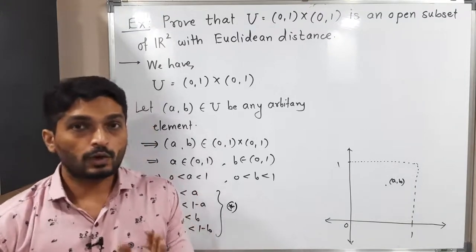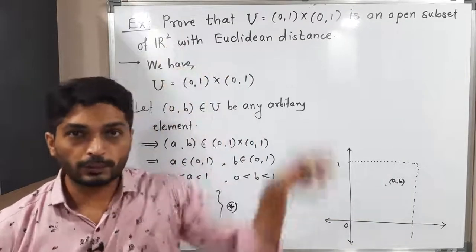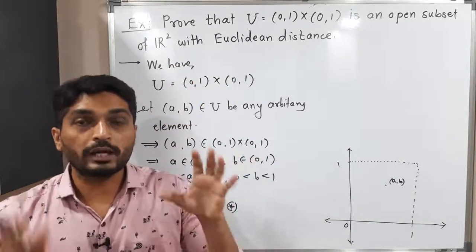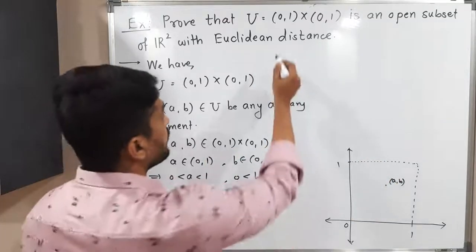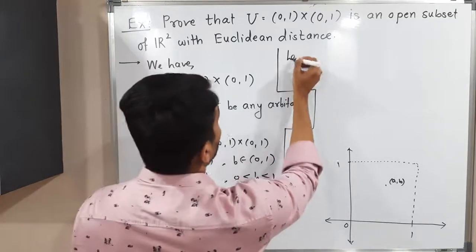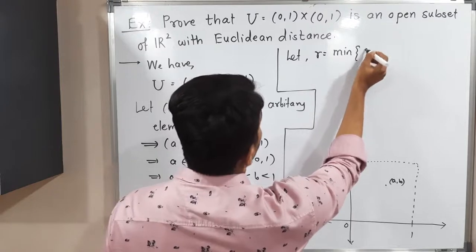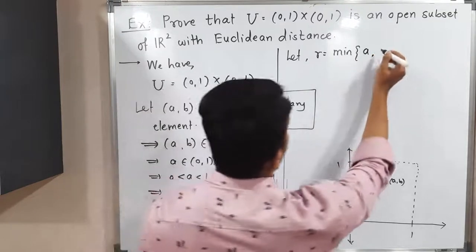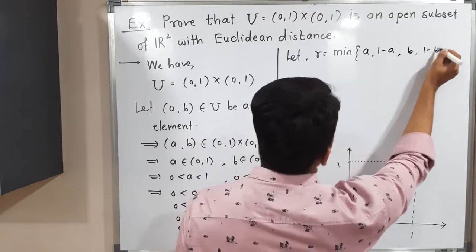So after that, we have chosen one point. We have to draw an open ball around it, and that ball should lie entirely inside this set U. So we have to select one radius now. Let r be equal to the minimum of a, 1 minus a, b, 1 minus b.